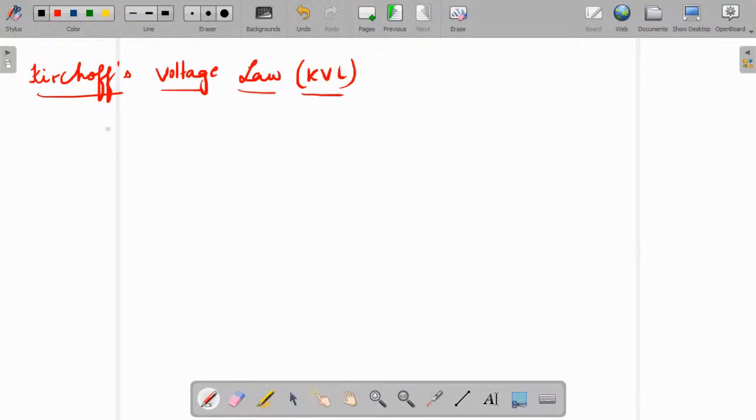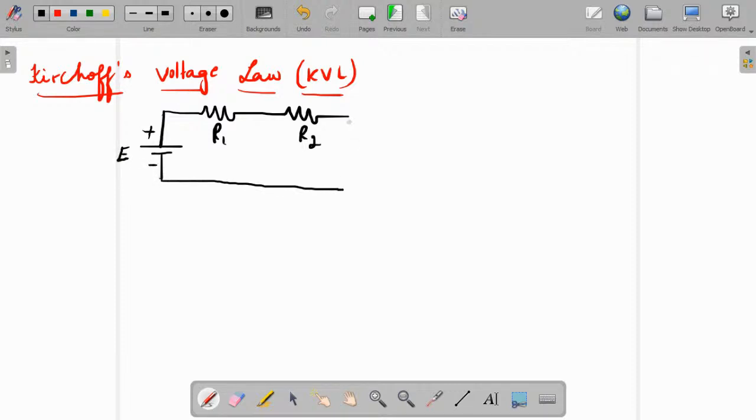So let me draw a circuit with a voltage source and two series resistors, R1, R2, and let this be the potential E. So how to write the KVL equation? Sum of voltage drops, so voltage V is equal to IR.